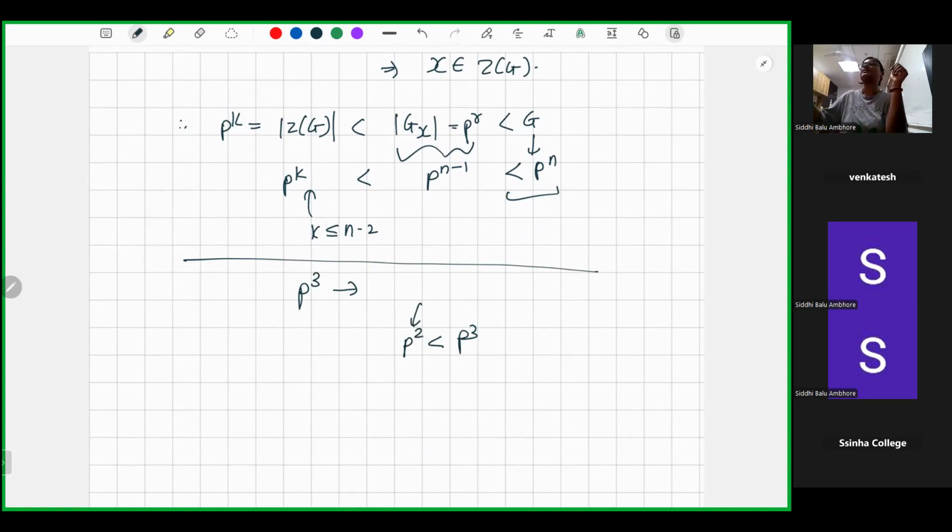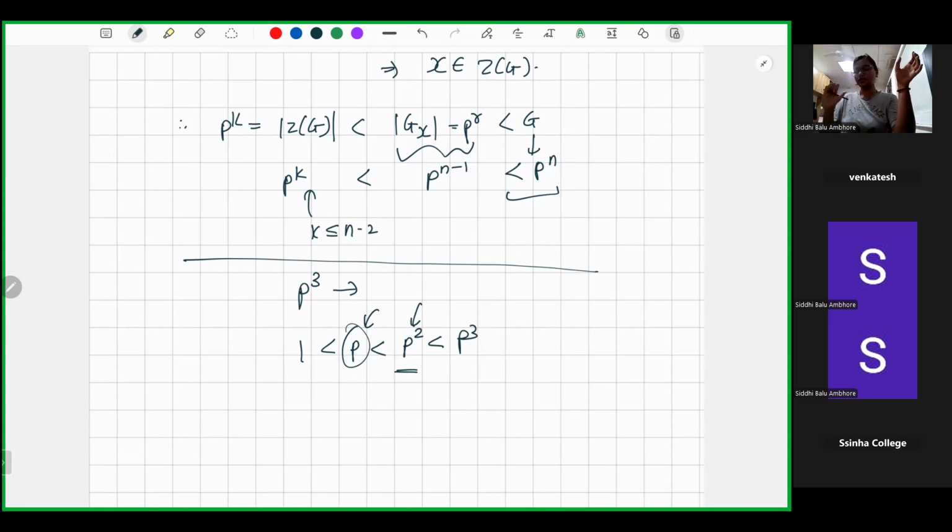So I had to choose some element which is not in ZG, and its orbit will be of some size p square. This is just a possibility, and this could be anything between p power n minus 2 to p. Okay. And since the only possibility for the cube case was p, we got this.